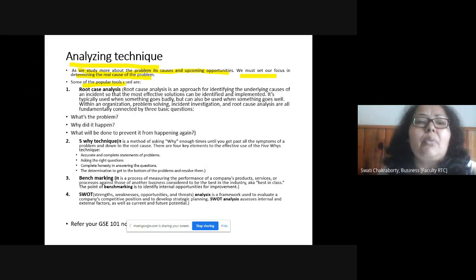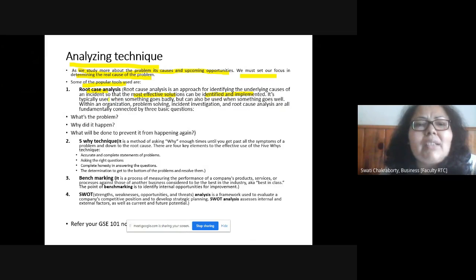Some of the popular tools that we have is root cause analysis. It's an approach for identifying the underlying causes of an incident, so that the most effective solution can be identified and implemented. There are a lot of solutions, but which is the most effective, that needs to be identified and implemented.